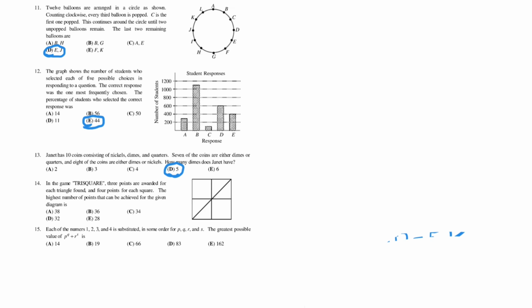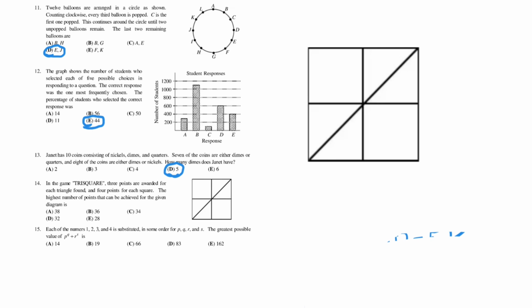Now, let's copy the graph here. So the figure now. First, we figure out. So the 3 points are awarded for each triangle. First, we find how many triangles.